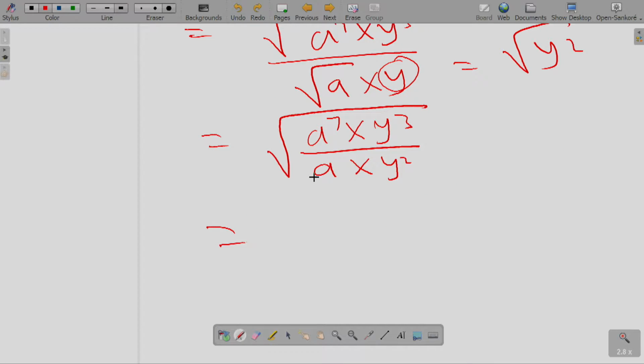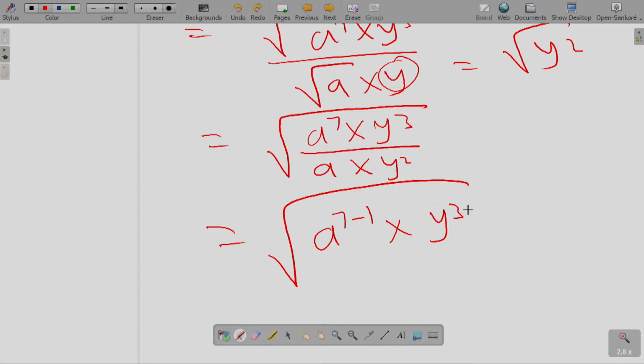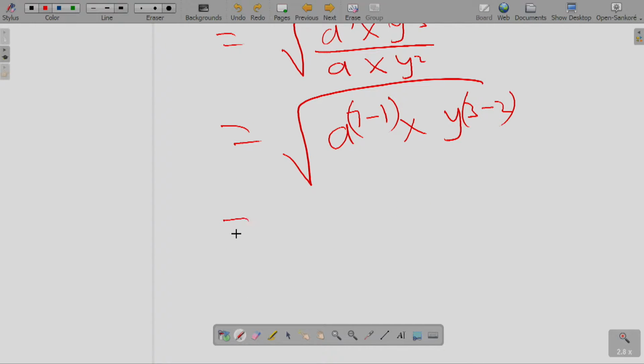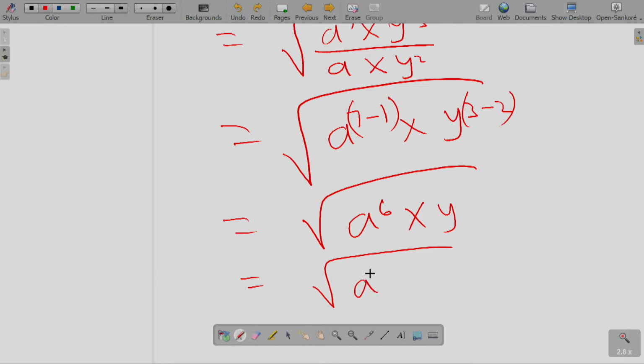Let's simplify. Here we can write a to the power 7 minus 1, and we get y to the power 3 minus 2, which is equal to a to the power 6 times y. But a to the power 6 we can write as a cubic squared, that is a to the power 3 times 2, times y.